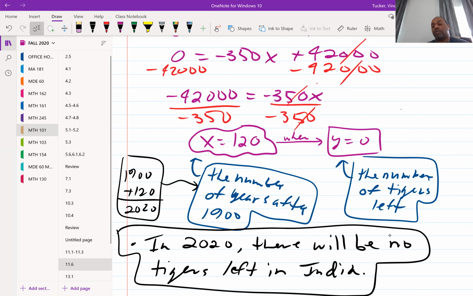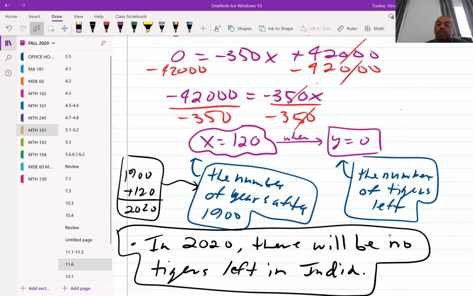I guess since it's 2021, we should be able to look that up and see if that's the case. But you add that 120 to 1900, because that's what x represents, the number of years after 1900. That will give you 2020. And y represents the number of tigers.